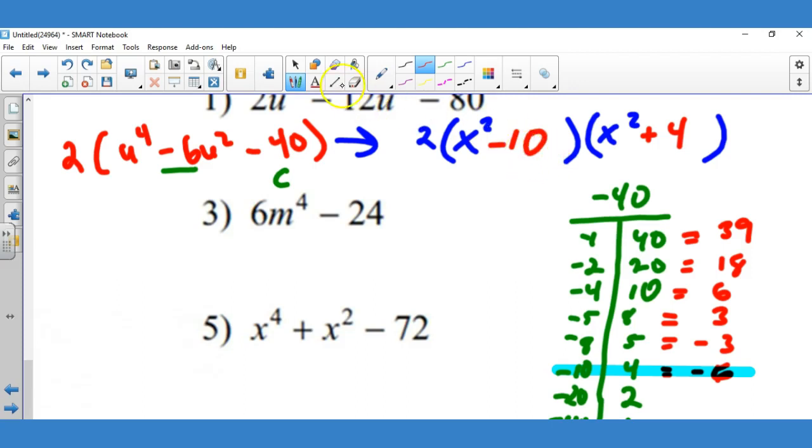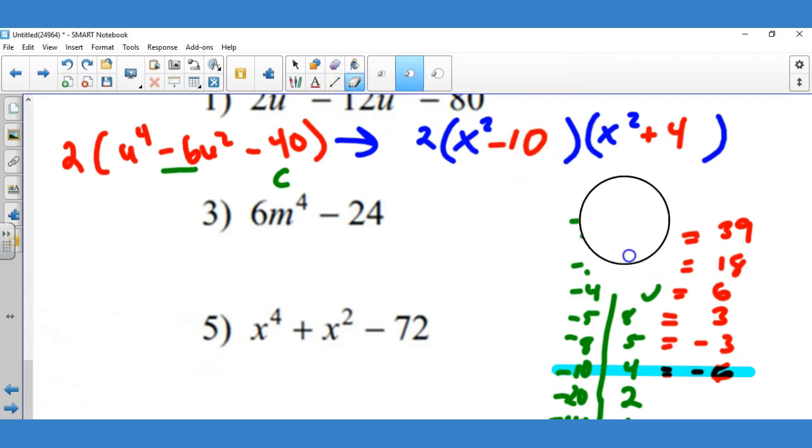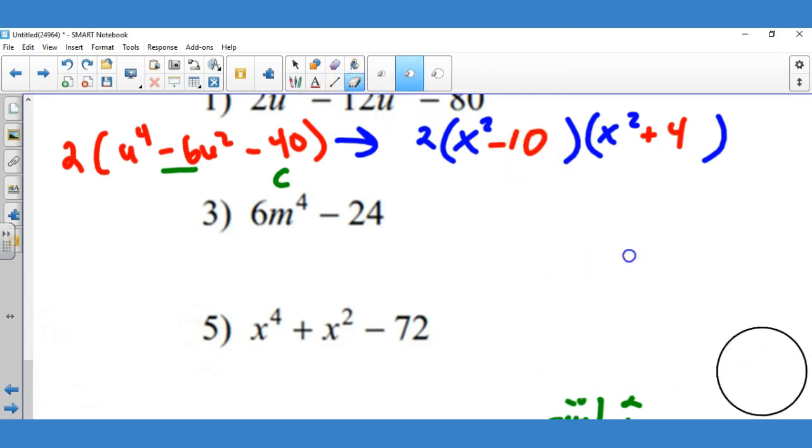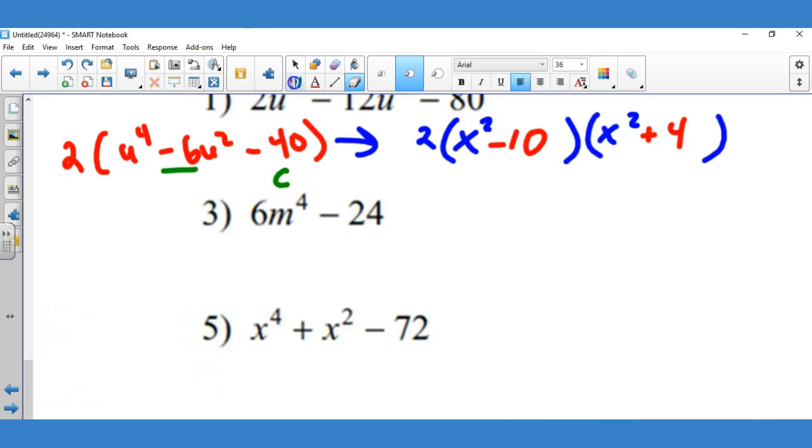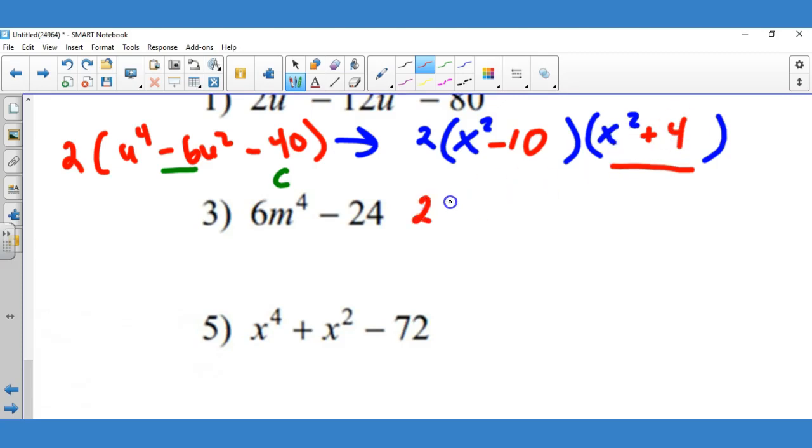This is now factored, but not completely, because we have something else going on here: the sum of two squares. For the sake of practice, I'm just going to write the answer. We talked about this extensively in the last video. You get 2 times x squared minus 10.